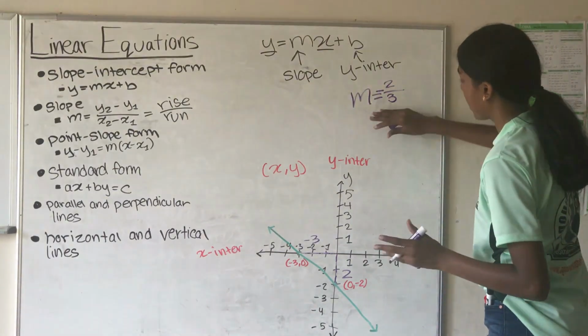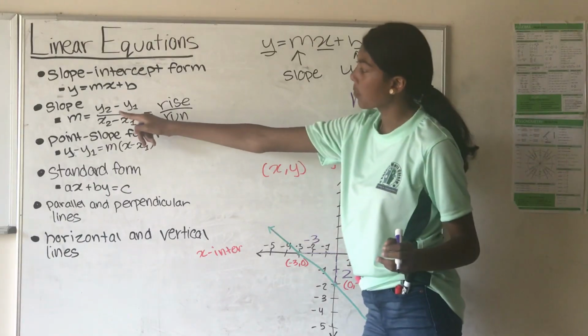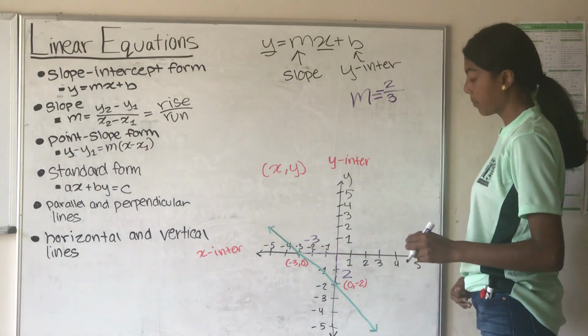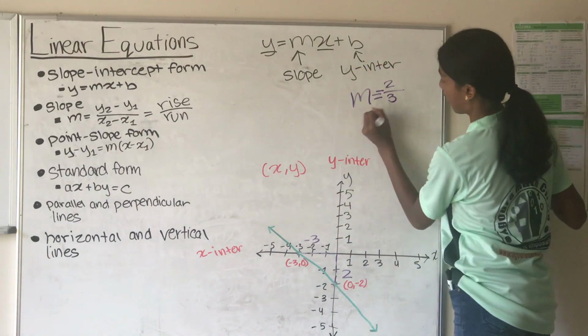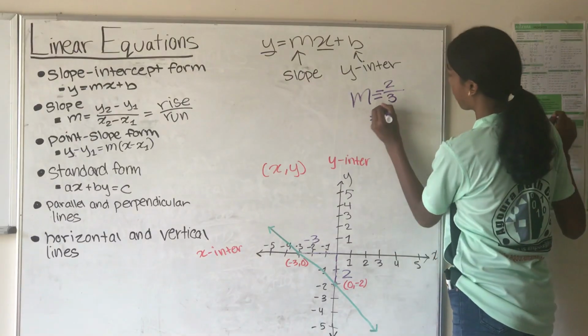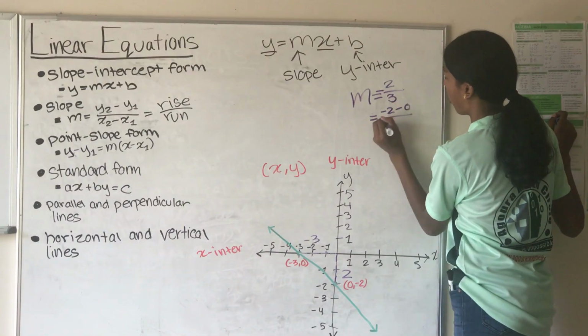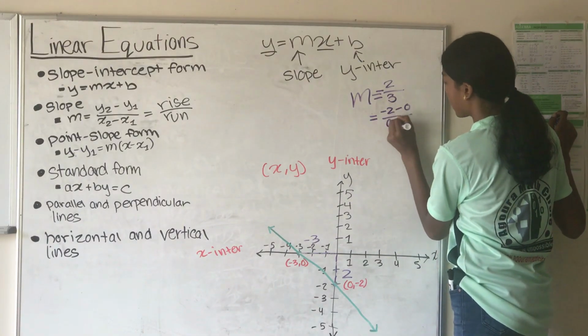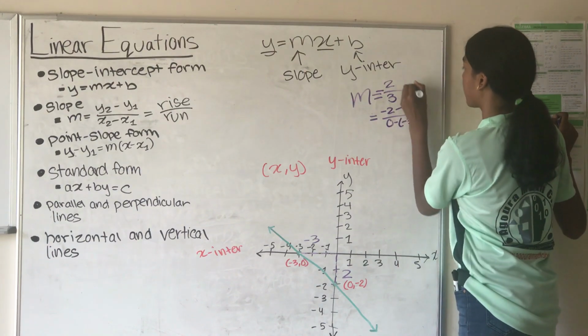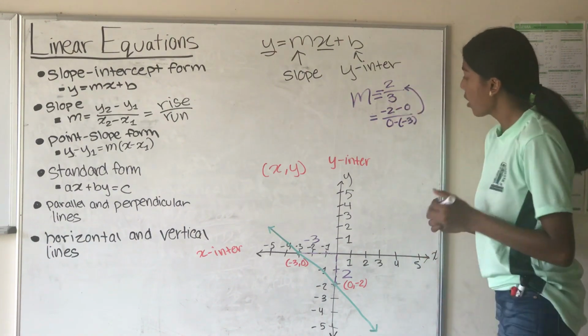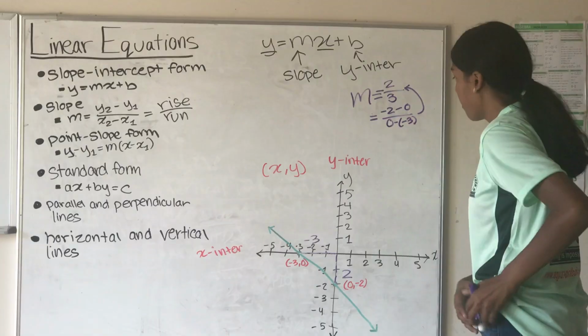The other way we would find it using this is by doing -2 minus 0 over 0 minus -3, which is equal to that. So now we have our slope.